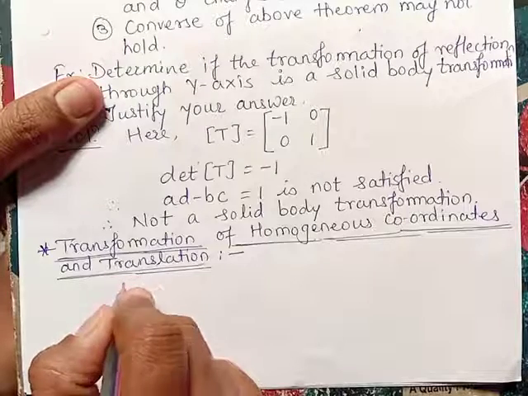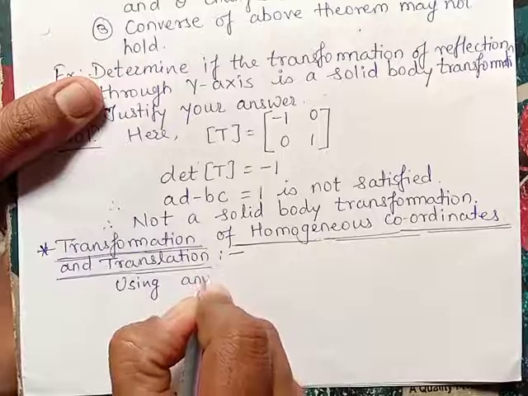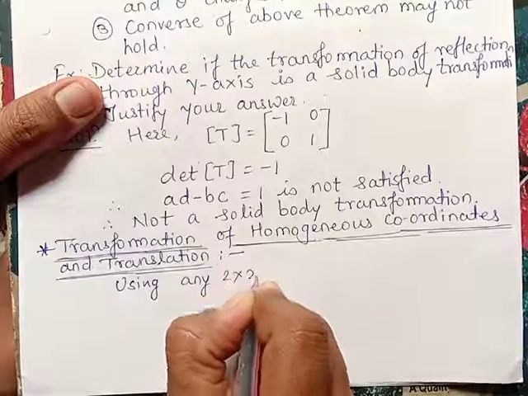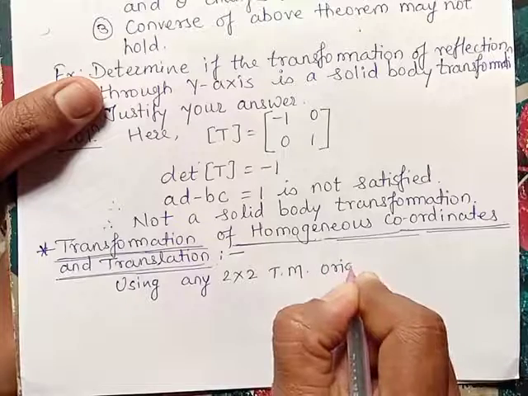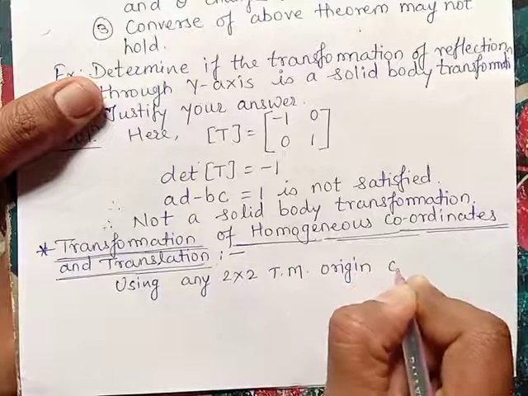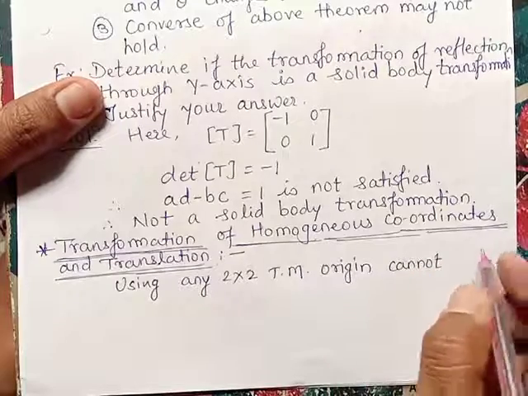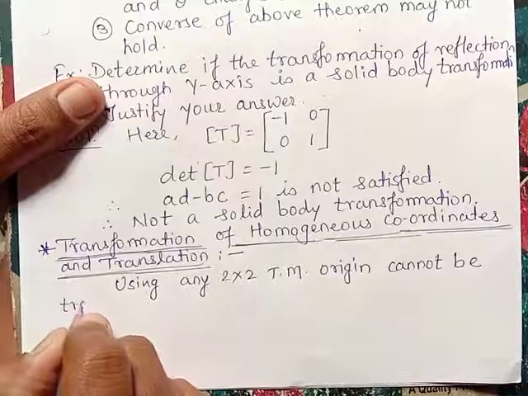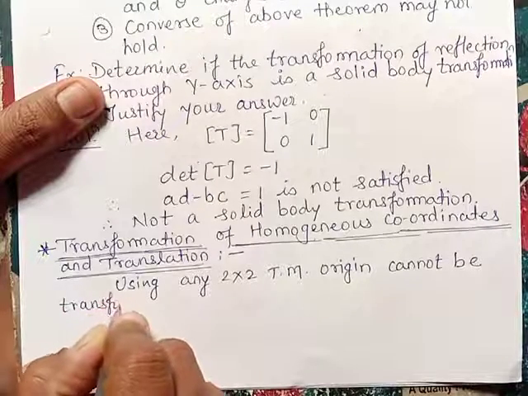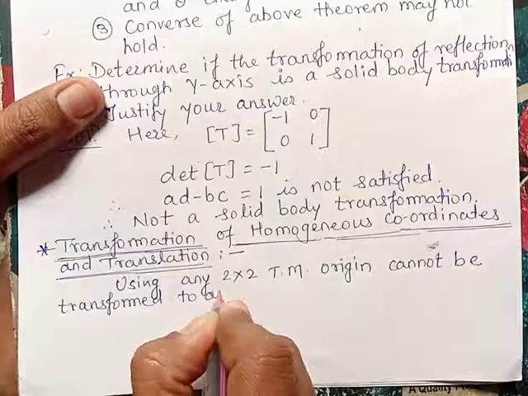Okay, using any 2x2 transformation matrix, we have observed that the origin cannot be transformed. The origin remains at the same place. The origin cannot be transformed to any other point.